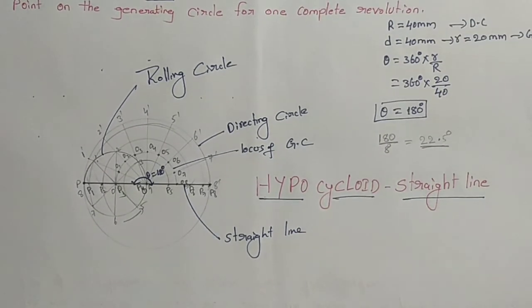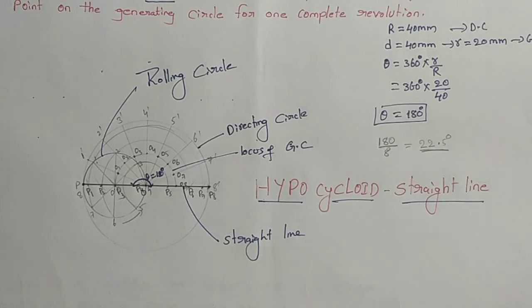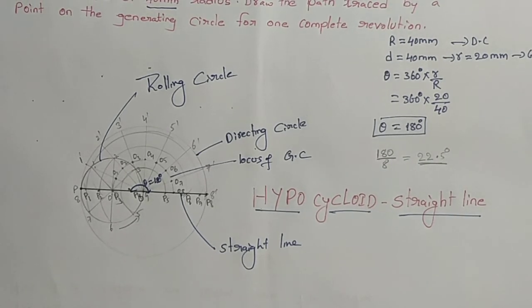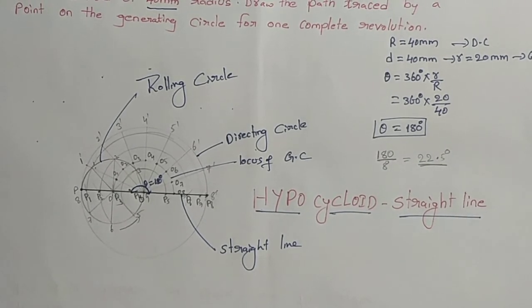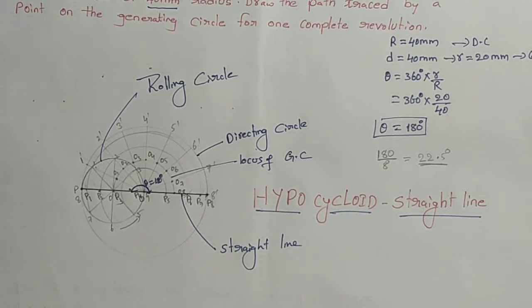It is the construction of hypocycloid when the diameter of the rolling circle equals the radius of the directing circle. In this case we got the hypocycloid curve as a straight line.